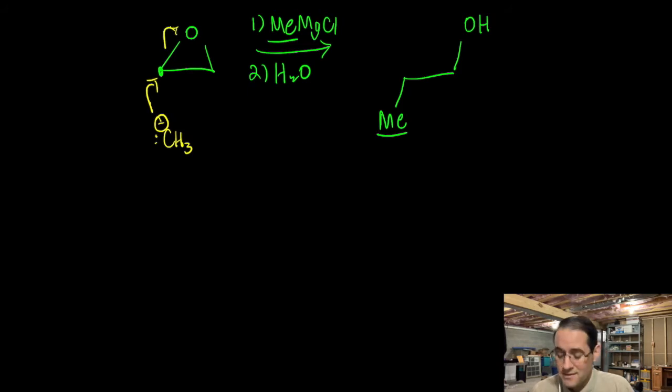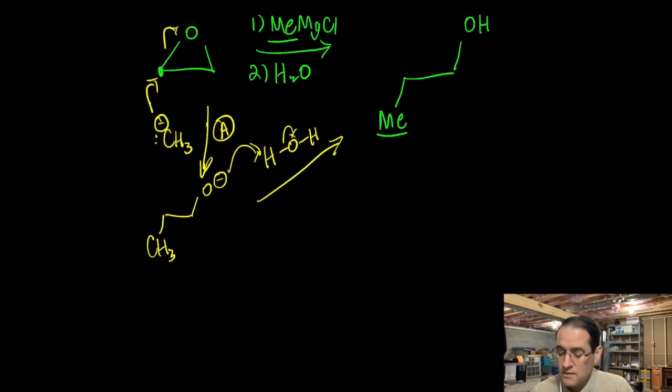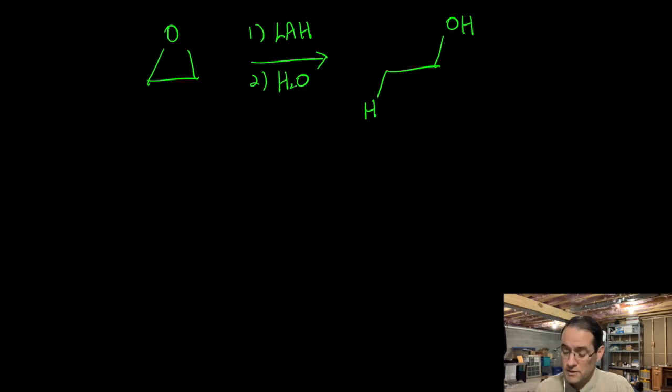So we need to make sure it has a negative charge there, and this is going to be attacking the carbon on the left to give you propoxide. And then after protonation, we are going to get this propanol, okay? It's kind of a lame synthesis, but it illustrates the reaction conditions and the mechanism, okay? So first step is attack, second step is protonate, all right?